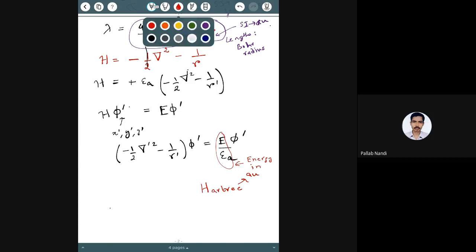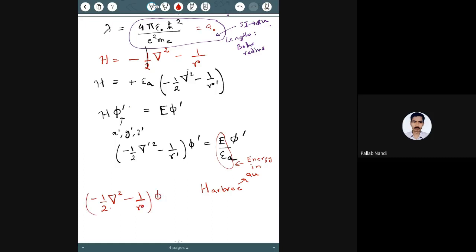Now everything is in a primed quantity, so I can remove the primes and say that my dimensionless Schrodinger equation is simply minus half del square minus 1 by r, acting on some wave function phi, is equal to E phi.